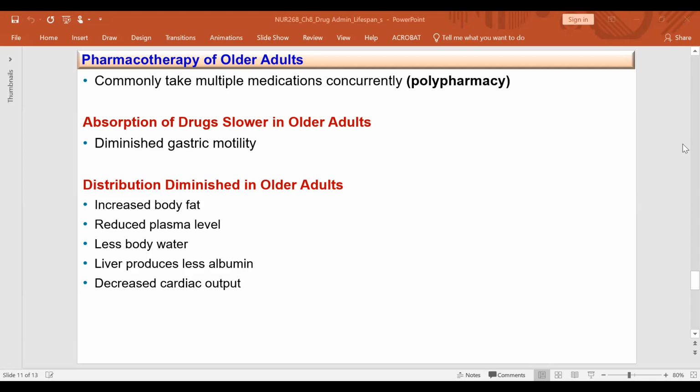In general, the physiological processes slow down with advancing age. Metabolism is slowed due to decreased GI motility and decreased GI blood flow, and decreased hepatic blood flow. Decreased serum albumin due to decreased albumin production by the liver.